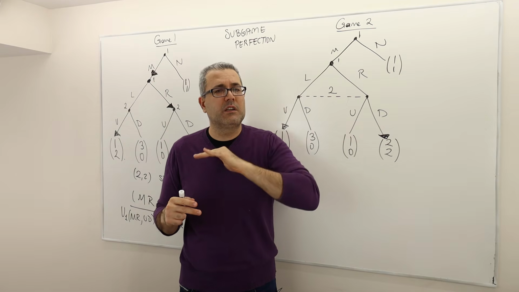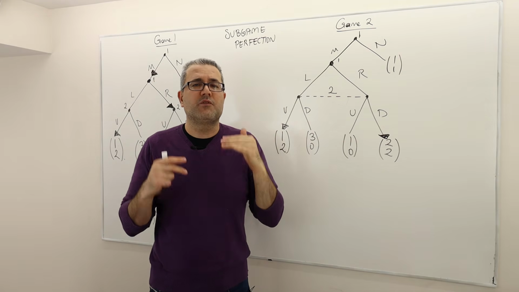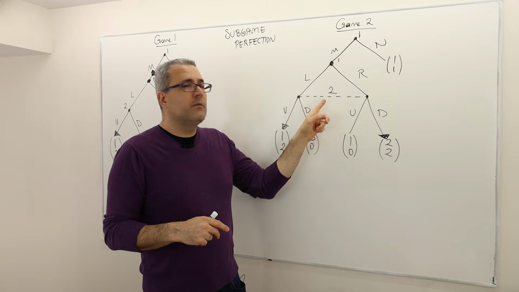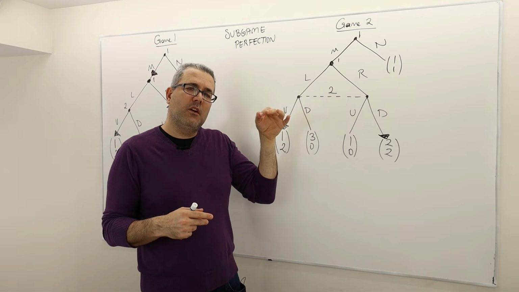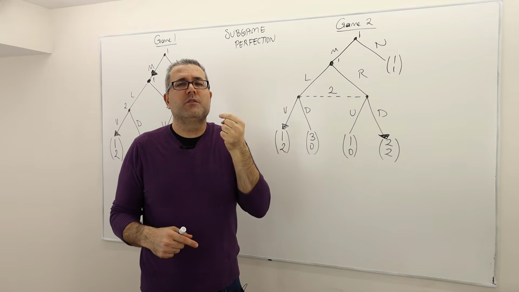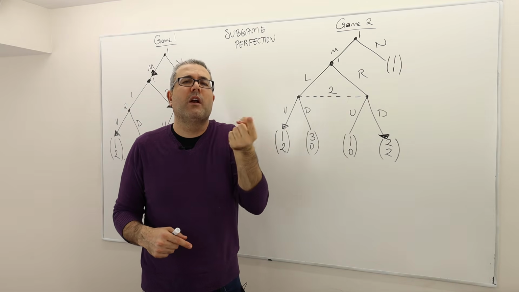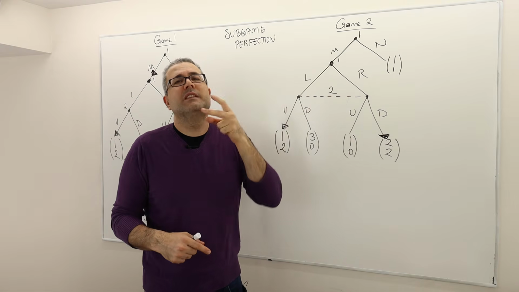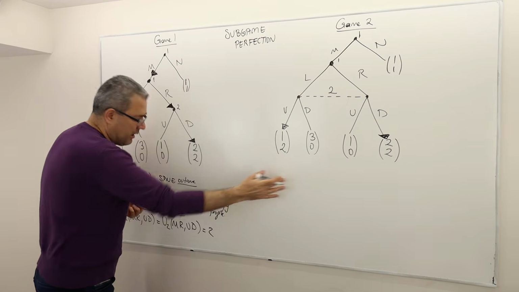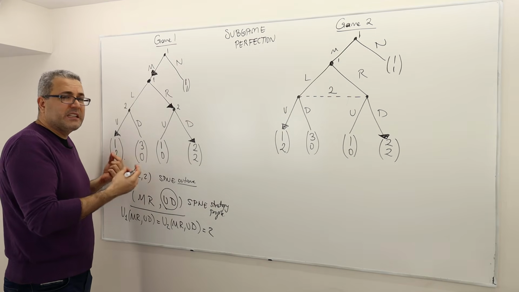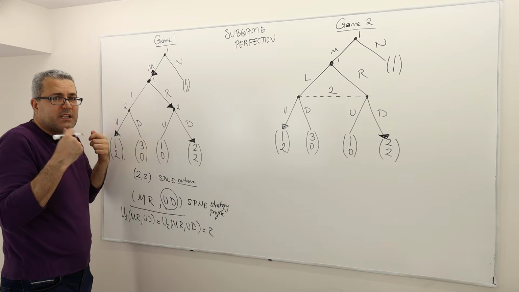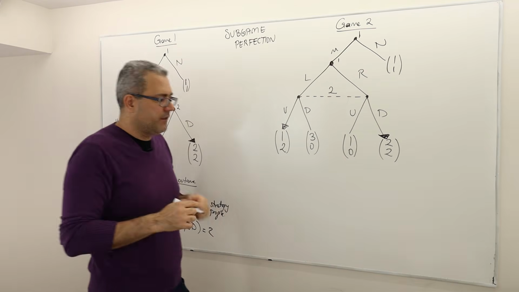So you have to clarify what strategy means in extensive form games. Once again, strategy means for each info set an action, all right? While here, player 2 has one info set, so therefore her strategy should be just one action, like U or D. All right? So therefore, the strategy for player 2 in this game is not going to look like UD, DD, UU. It's just either U or D. All right? So that's a big difference.